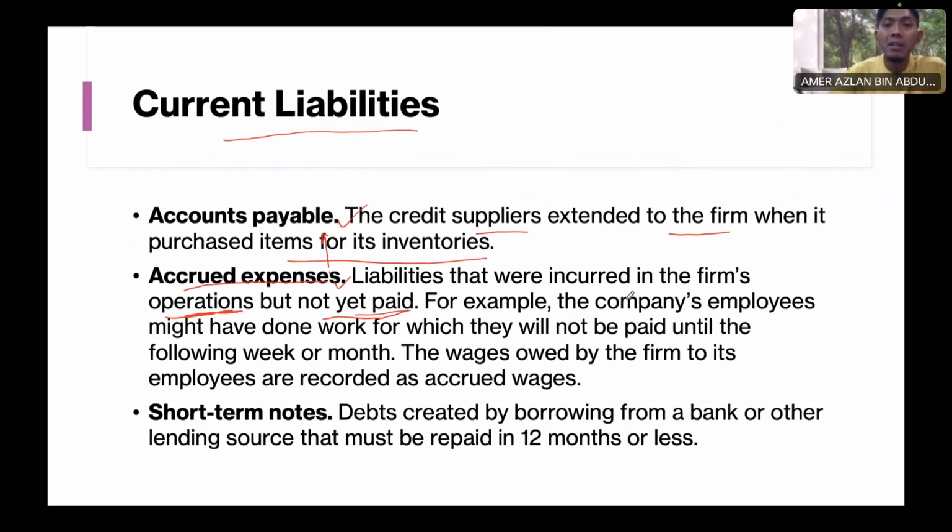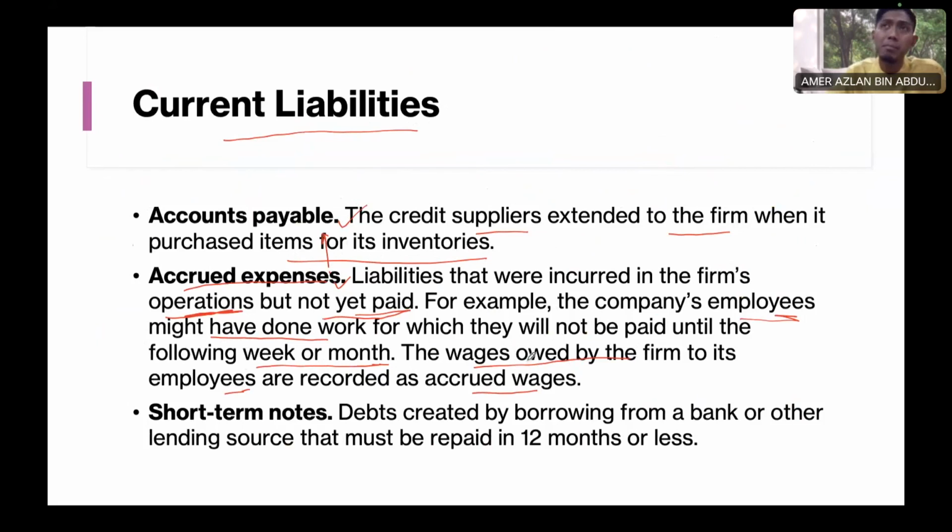For example, if you have your employees and then you need to pay their salary, they might have done the work for you, but they are yet to be paid until the following week or month. So the wages owed by the firm to the employee are recorded as accrued wages.